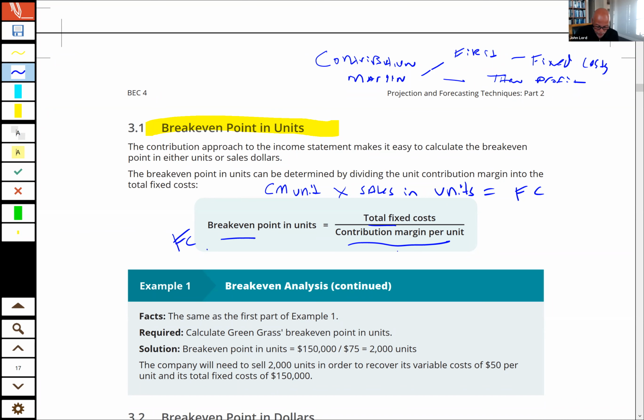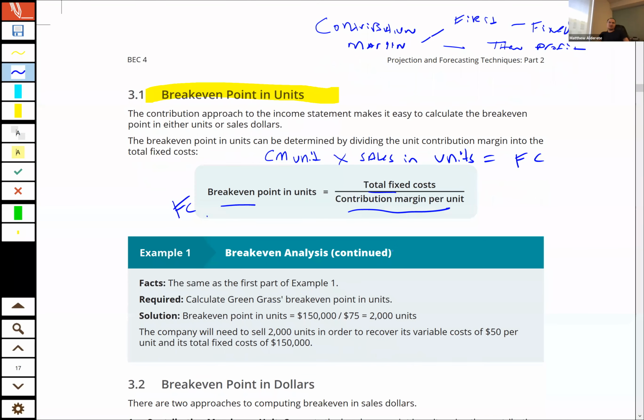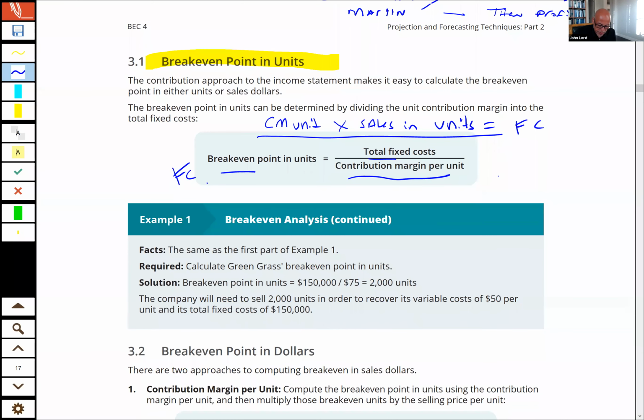I divided both sides by contribution margin per unit, didn't I? Both sides of what? The equation. Okay, got you. That equation.